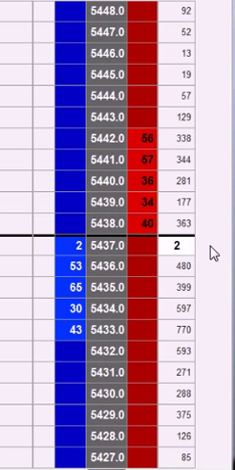Now remember, we only had 360-odd contracts on the market profile to begin with. So when we get a chance, it'll be interesting to see how many contracts have traded at this price. You can see there's more and more selling all the time, but as soon as they're selling, it always pops back up.